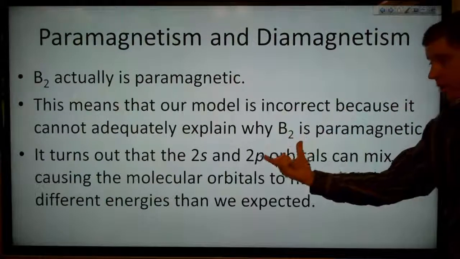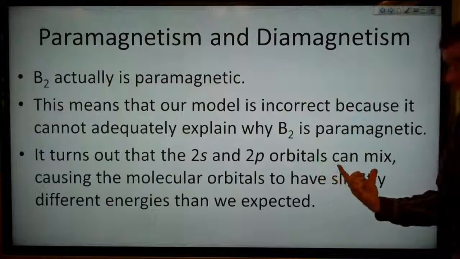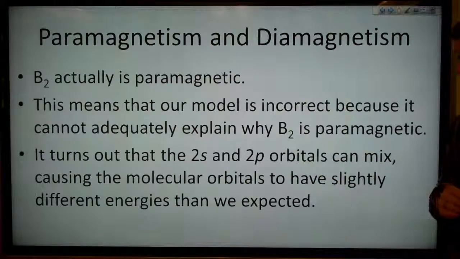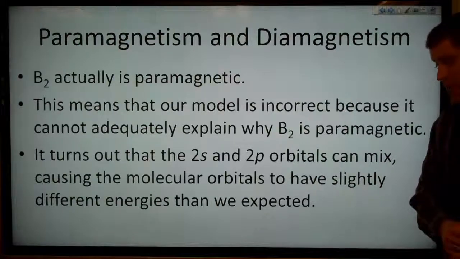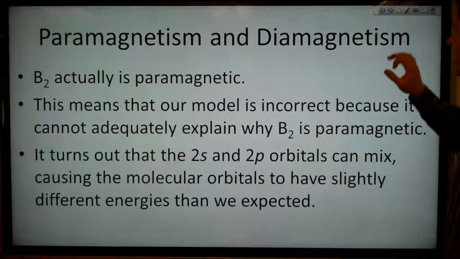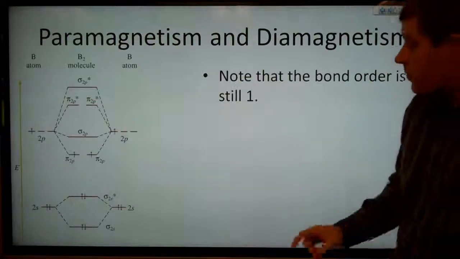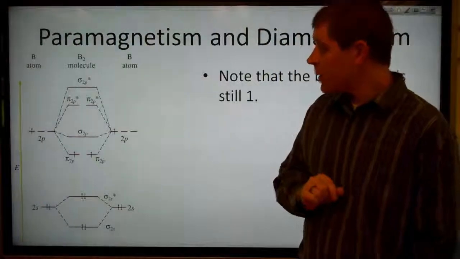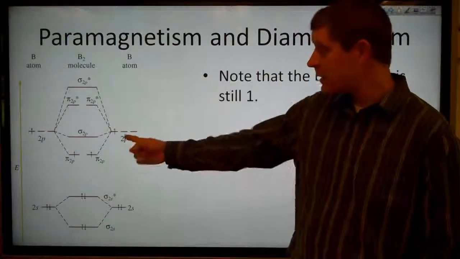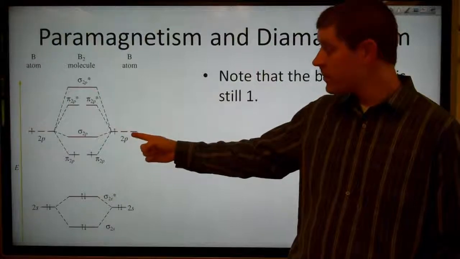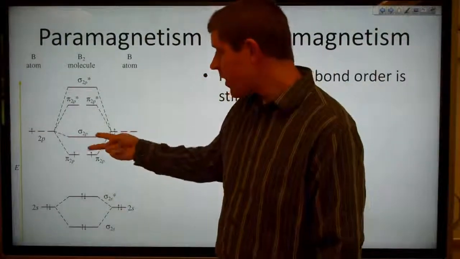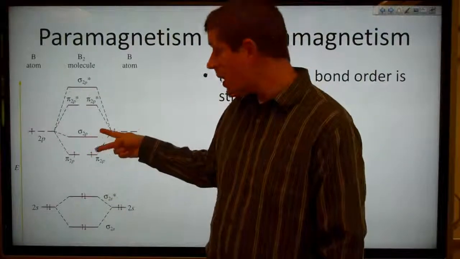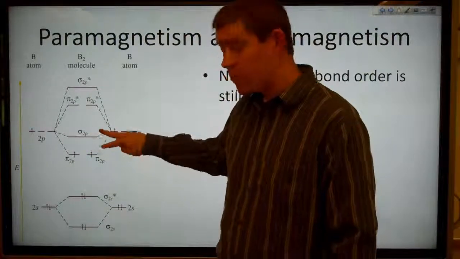And it turns out that the 2s and 2p orbitals can mix somewhat, which causes our molecular orbitals to have slightly different energies than we expected. And so we instead have some molecular orbitals that look something like this. So note now that we've swapped the positions of the sigma 2p and the pi 2p orbitals.